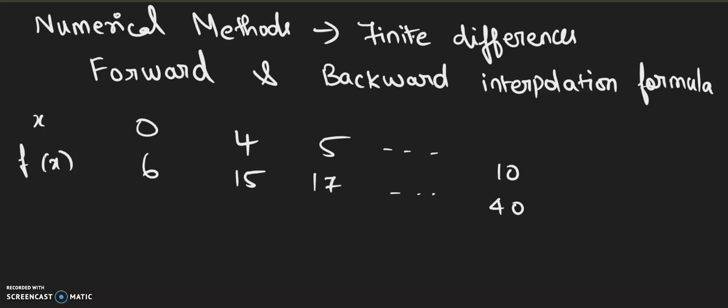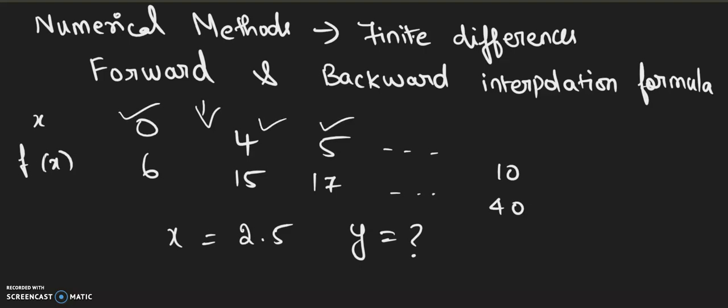If I have to find some value, say for x equal to 2.5, what could be the y value? By the existing values of x and the corresponding values of y, I can find this particular value of y when x is 2.5.